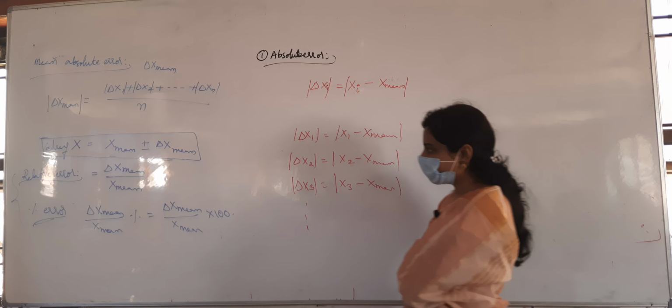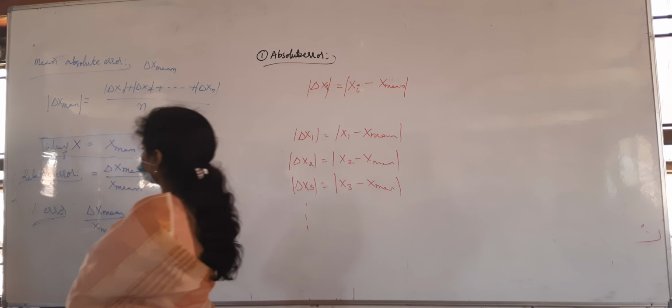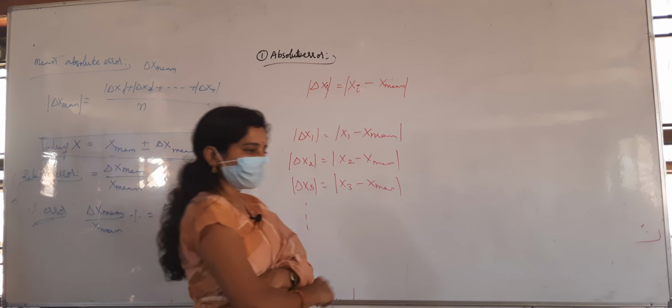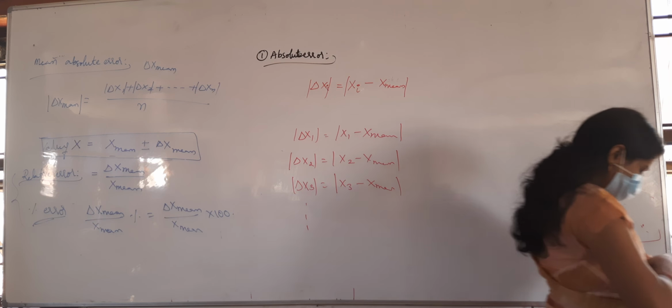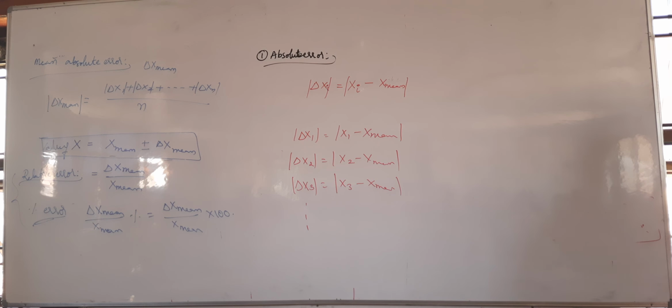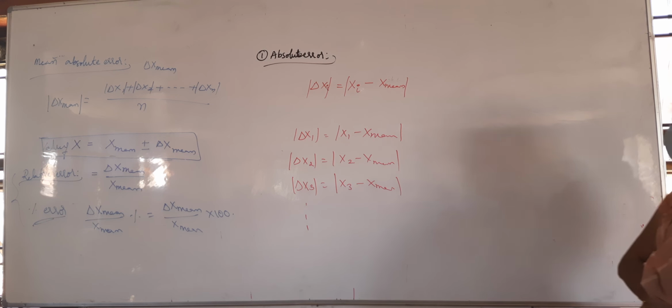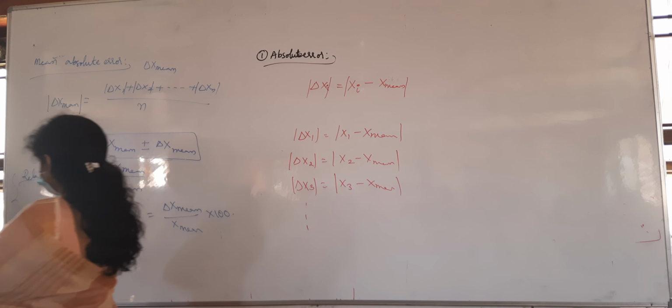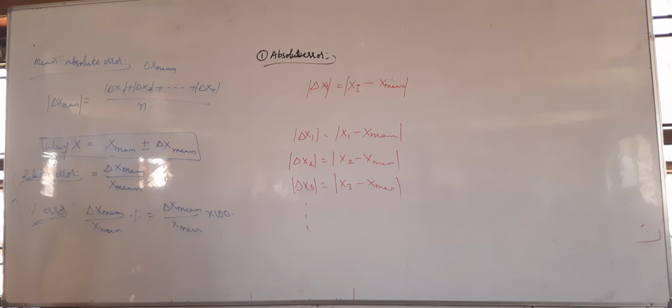The formula: relative error of x is equal to delta x mean by x mean. Next one is percentage error, write the formula directly.